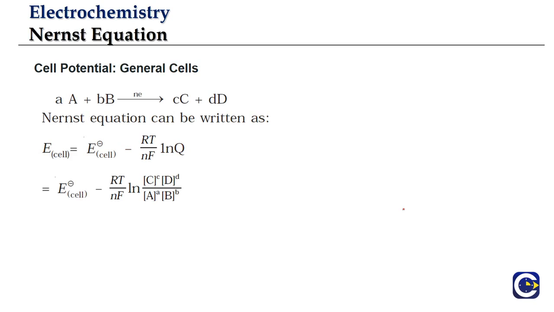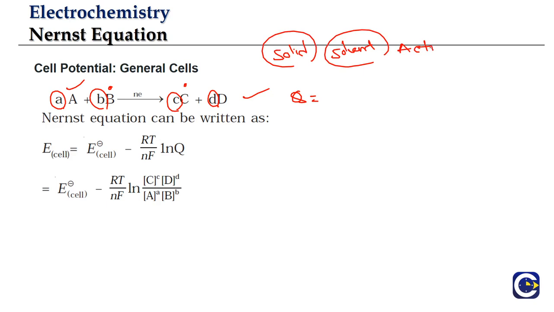Now let us look at the Nernst equation for the general cell. Let it be the general cell equation, where A is the factor for species A, B for species B, C for species C, and D for species D. While writing the reaction quotient Q, we have to consider that whenever we have a solid or a pure solvent, the active mass will always be taken as 1.